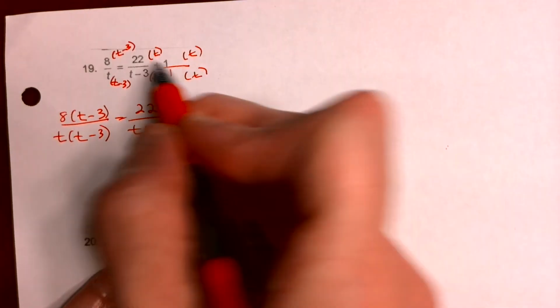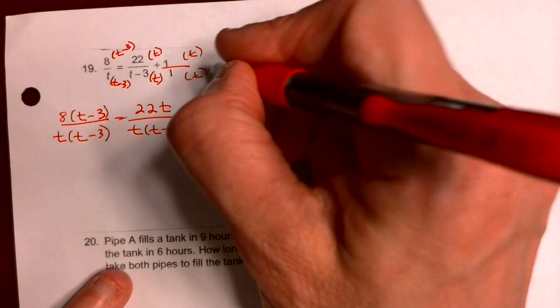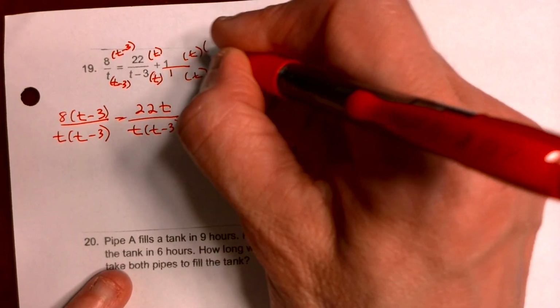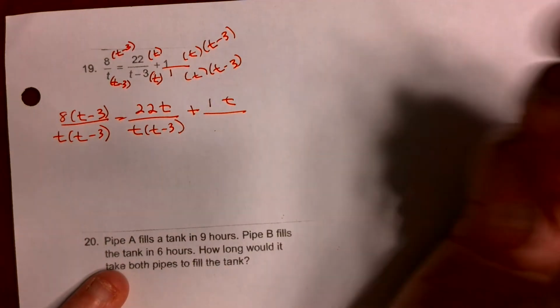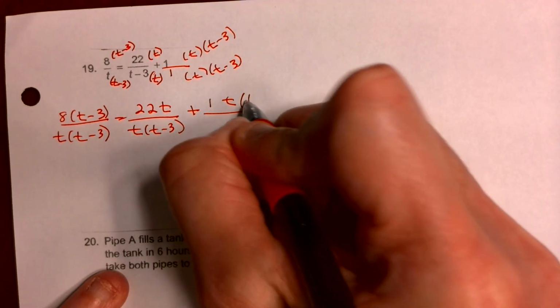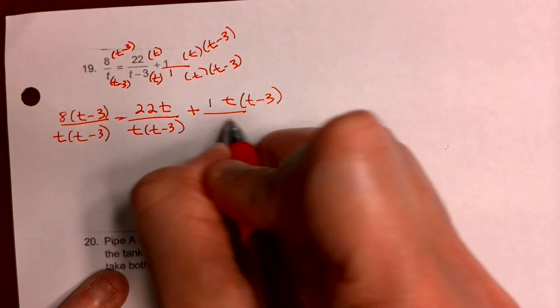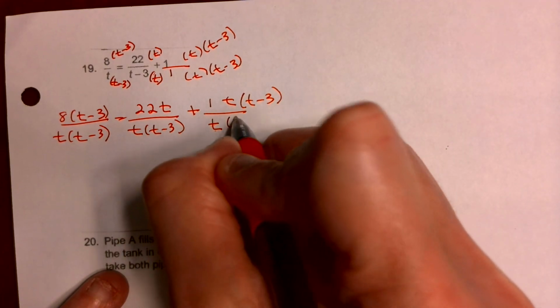Uh-oh, that's not right, is it? I don't get the same thing here. I got to multiply this one by t minus 3 as well. That's not the same common denominator. So I have t times t minus 3 on the top, all over t times t minus 3.